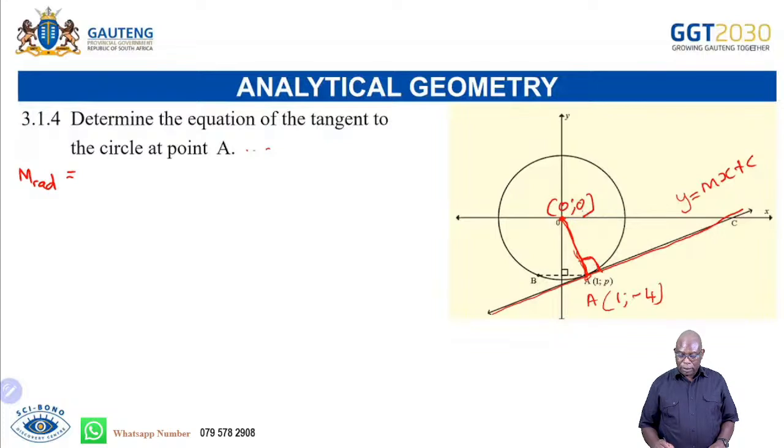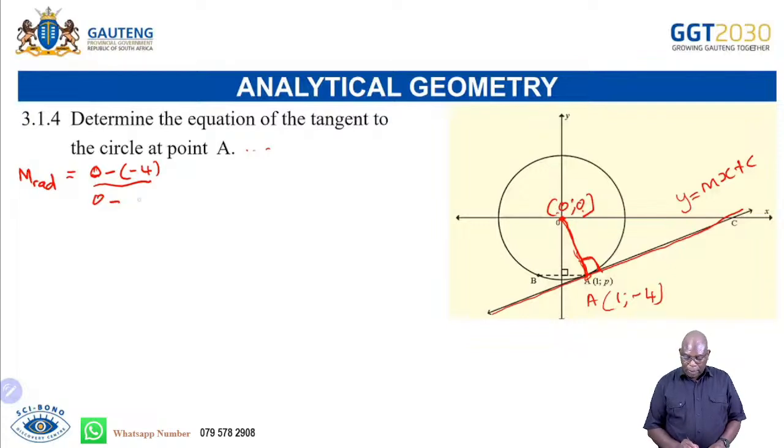So I can say 0 minus -4, which is 0, -4, over 0 minus -1. So the answer there is going to be 4 over -1. So the gradient of that will be -4.